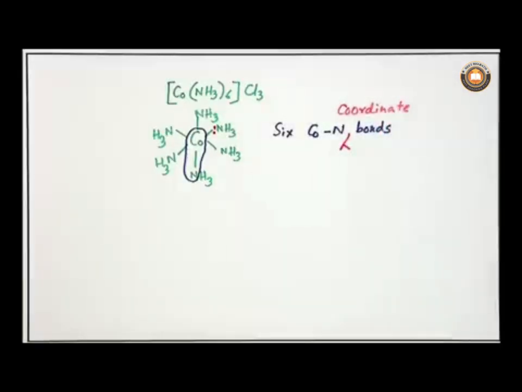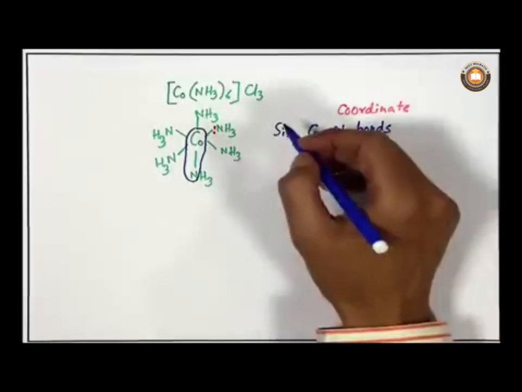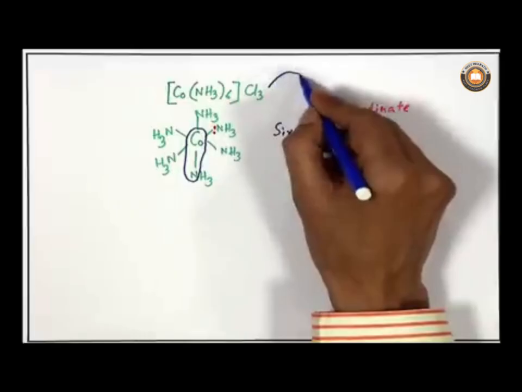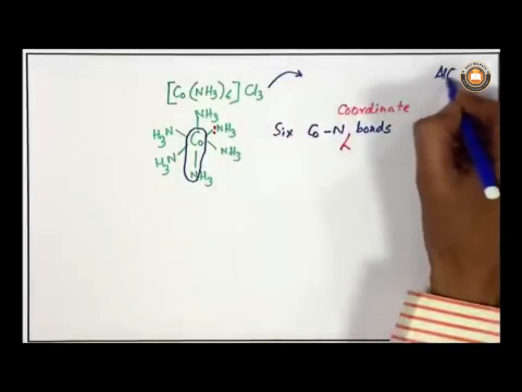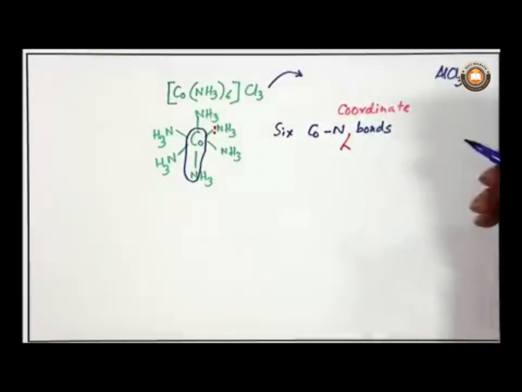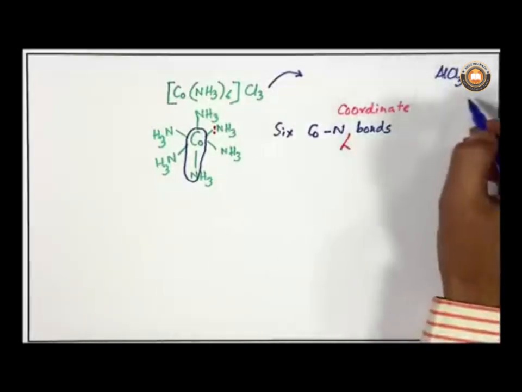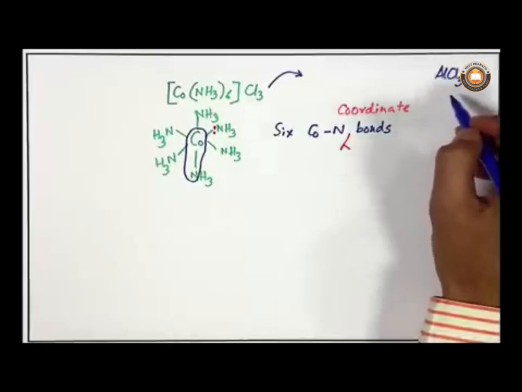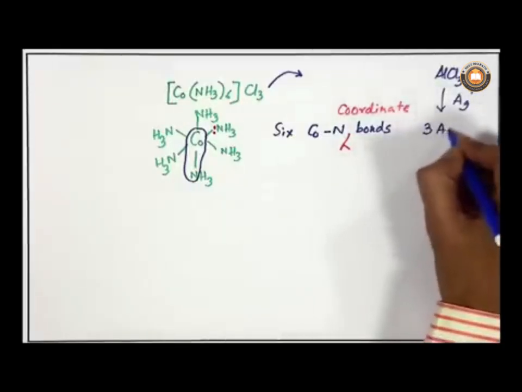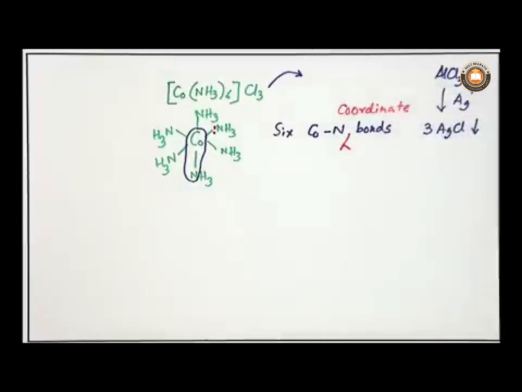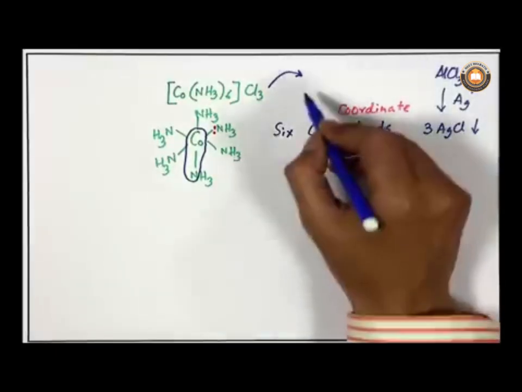If we are able to identify those coordinate bonds, the first category of compound will be this, and these chlorides behave like those of any other salt, like aluminum chloride. When you dissolve aluminum chloride in water, it dissociates to give all the chloride ions, and you can remove them by addition of silver ion, forming 3 silver chloride precipitate. 3 moles of silver chloride will precipitate out.